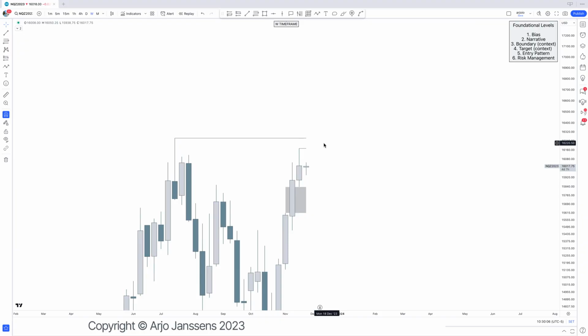So that is very important to understand, that it doesn't necessarily need to come into that discount array right there to first come into this target, because that is the primary goal, that target. This is not necessarily the target, that weekly fair value gap. This is the target. So it might just do something like this. So hopefully that is very clear right here.